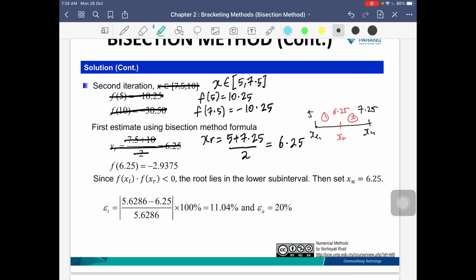Since this condition holds, f(x_l) multiplied with f(x_r) less than 0, we set x_u equal to 6.25, which means x_u replaces x_r. So now our interval becomes smaller and smaller, close to the true solution.